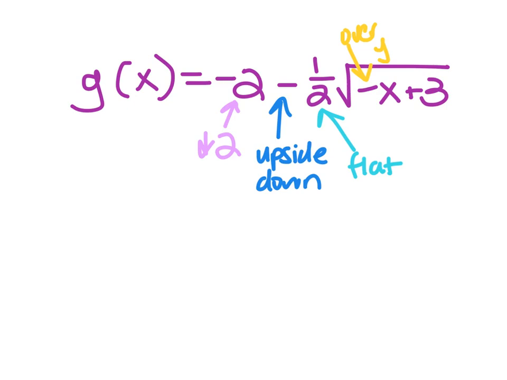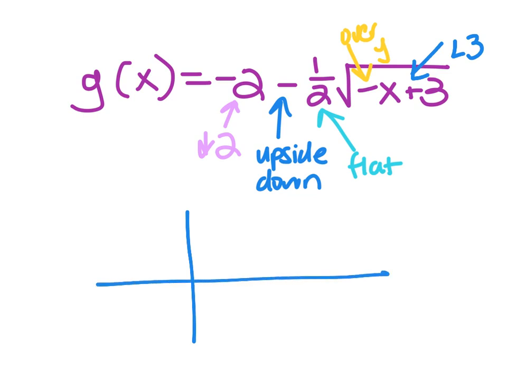And I need another color. And the plus 3. It should move it to the left 3. Okay, so now pay attention to how you do this because you can do this two different ways, okay? So the shifts and your typical shifts are the same. I'm going to go down 2, so I scoot down 2. Normally, I would go left 3, so I go 1, 2, 3. I'd plot a point, okay?